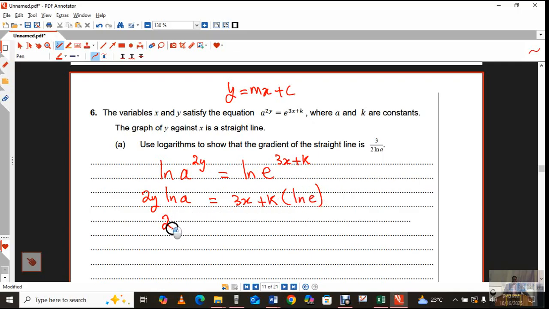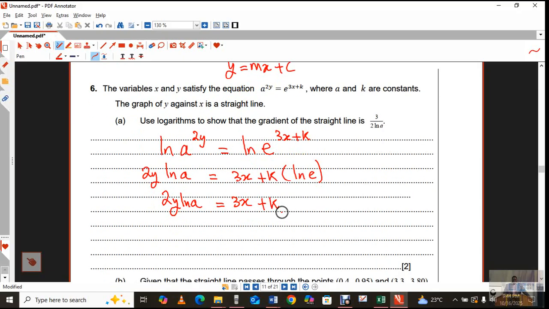So you have 2y natural log of a is equal to 3x plus k. The idea is, as I said, to write it in the form y equals mx plus c. So first I'm going to divide throughout by the natural log of a.